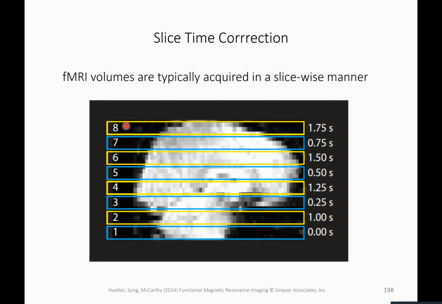The reason why interleaved slice acquisition is sometimes done is because in terms of the excitation, you try to be specific and you want to avoid a spillover of excitation between this slice and this slice.